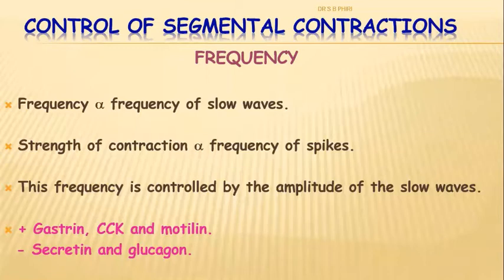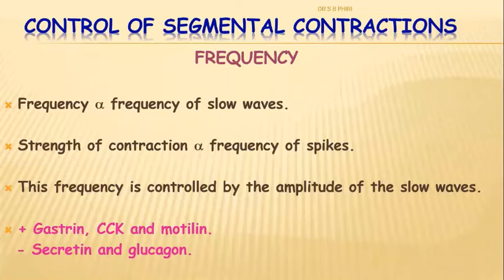Then the strength of contraction is directly proportional to the spikes. So the spikes are the actual action potentials that will bring about contraction. So the force of contraction, or the strength of contraction, is dependent on the spikes, because the spikes are the ones that will produce the actual contraction.